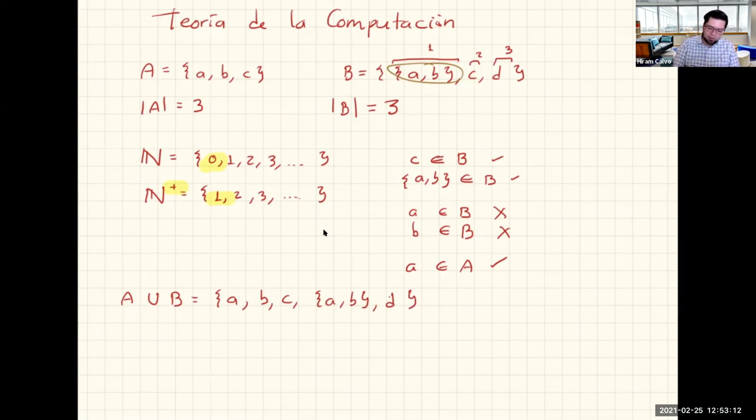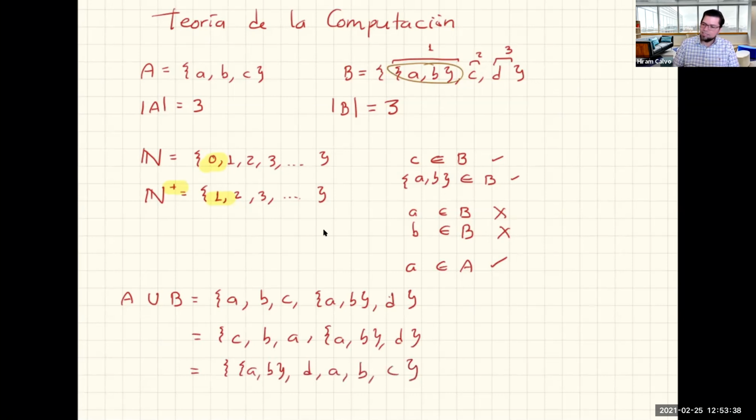Also, very importantly, the order of the elements inside a set is not important. So I can say, for example, C, B, A, B, D, or even I can begin with A, B, and then D, A, B, C. It's exactly the same thing.